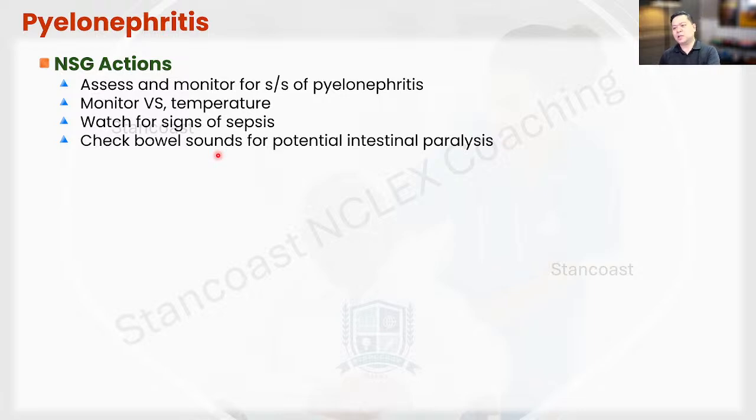So if the patient would be saying that they haven't really passed flatus, or when you are auscultating the bowels, you're only hearing some tinkling here and there, even though they have been eating the regular food or meals, that is very concerning. If you're only hearing few of the bowel sounds, it can possibly lead to a much worse form.